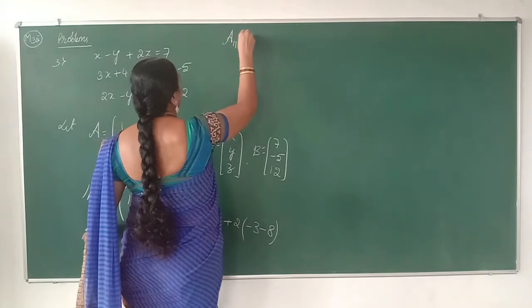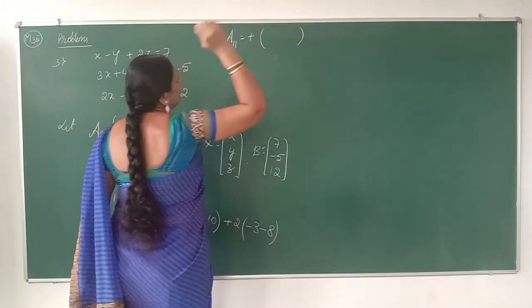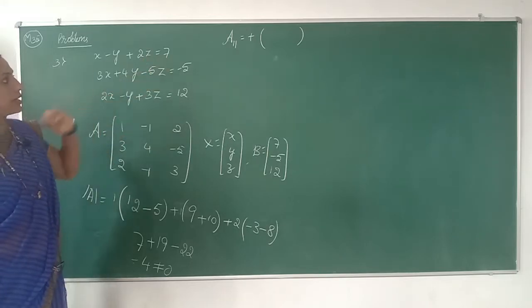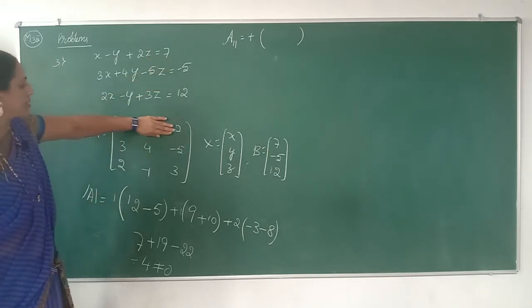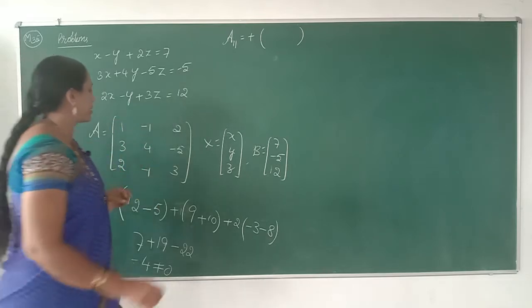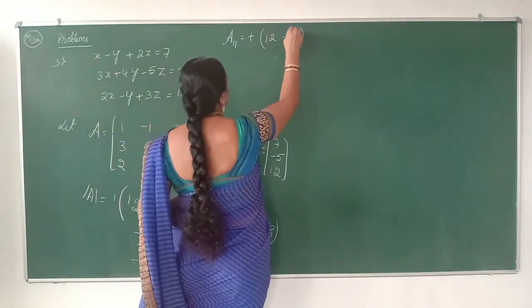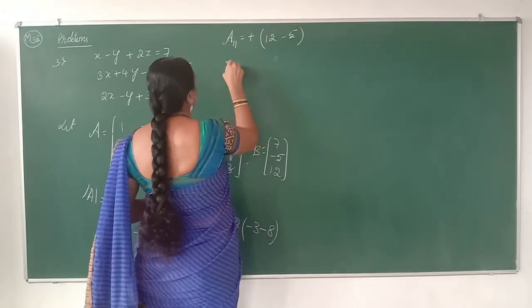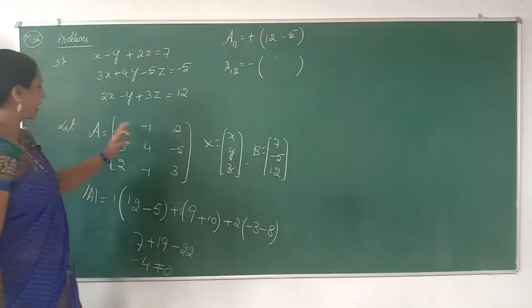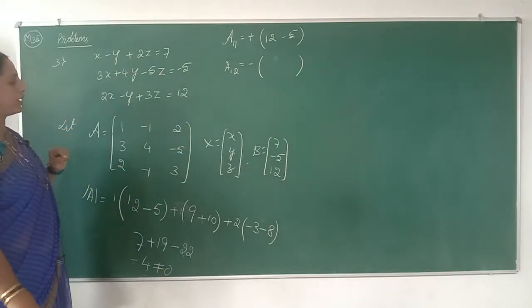Then A11. A11 is the cofactor of the first element, and it's multiplied by plus. It's an element of first row, first column. These get neglected. Remaining are 12 minus 5. Then A12. A12 is an element of first row, second column, and it's multiplied by minus.